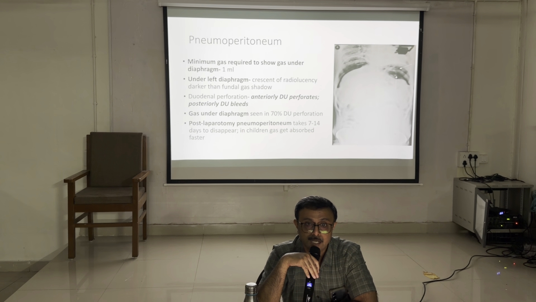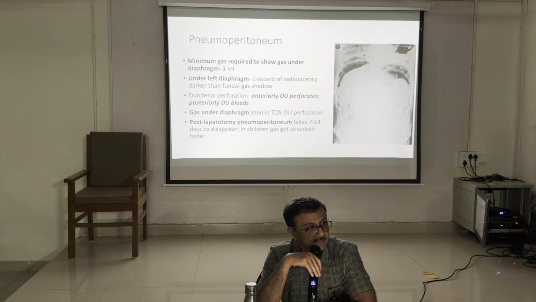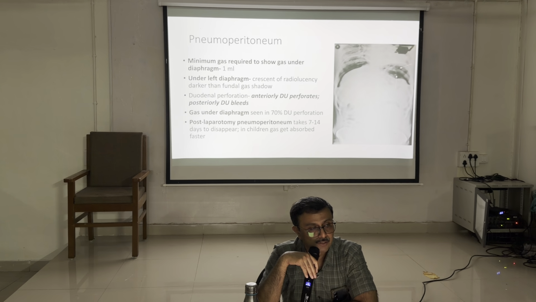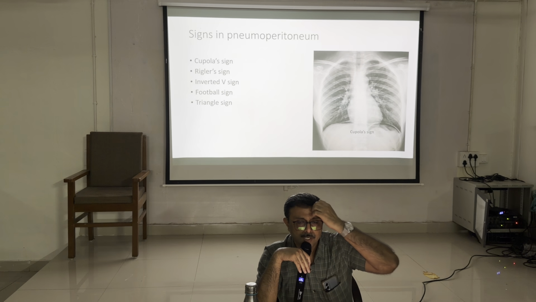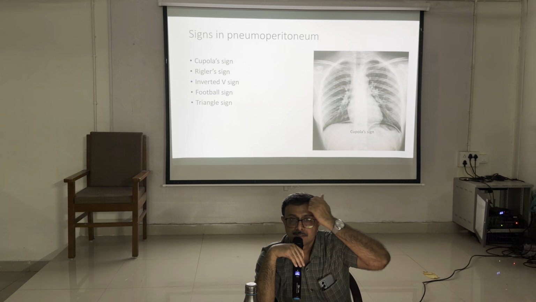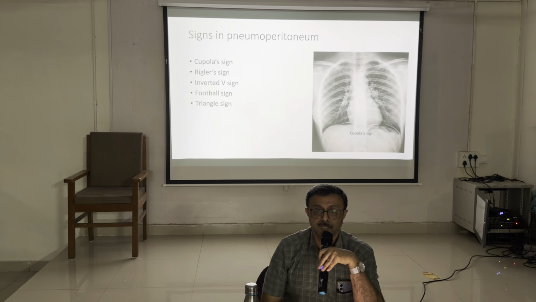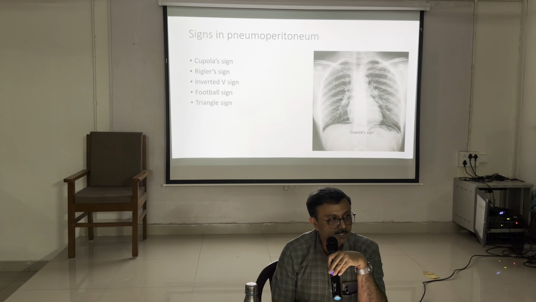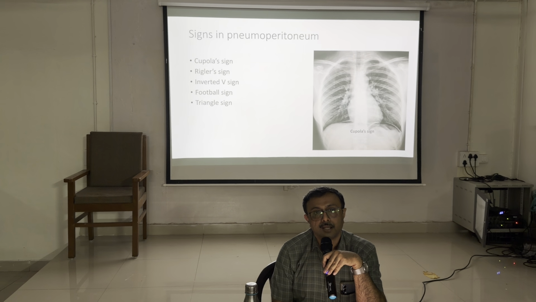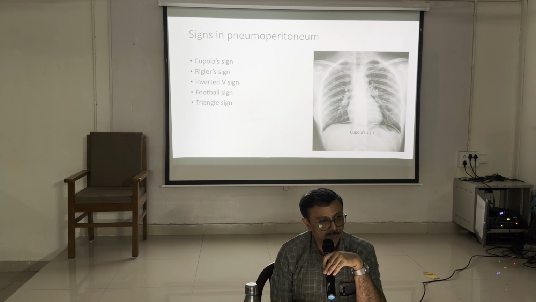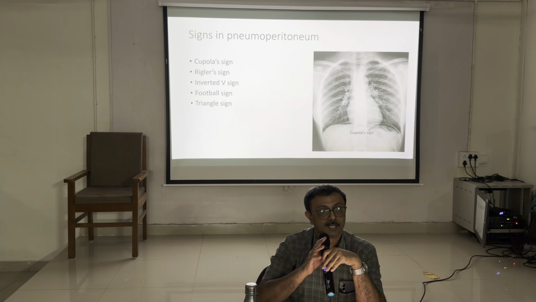These are all hollow viscera that can cause pneumoperitoneum. Once there is pneumoperitoneum, that is peritonitis. The viva can go on to presentation, how the patient will present, and what the treatment is. You just do exploratory laparotomy and suturing of the perforation if required, and if it is not possible, then resection.